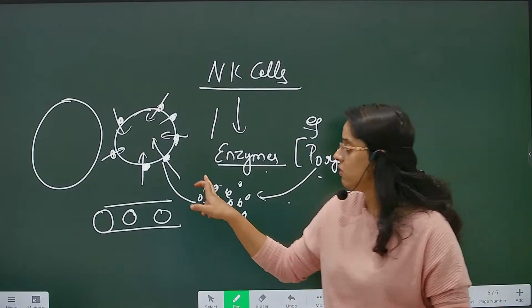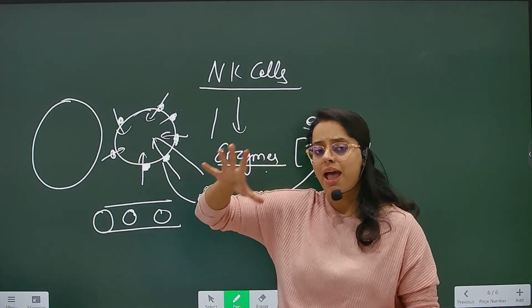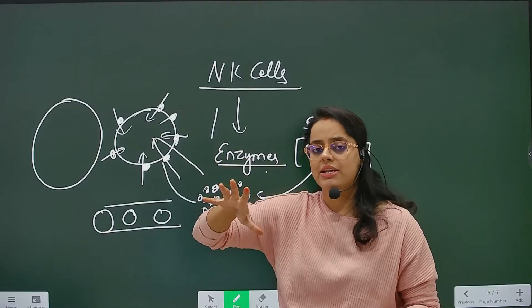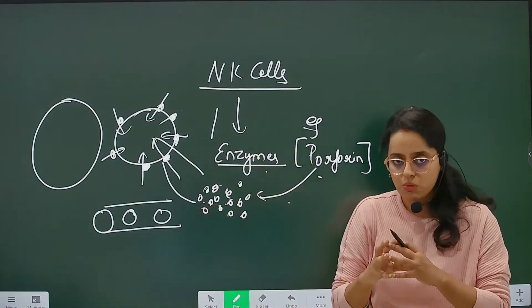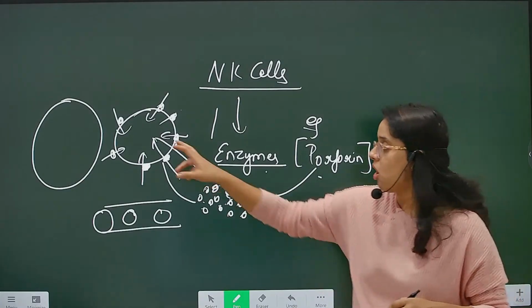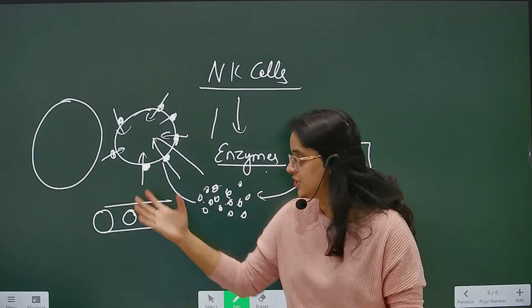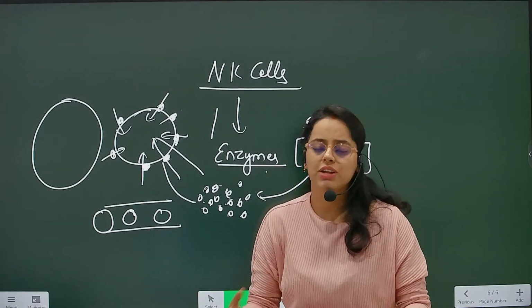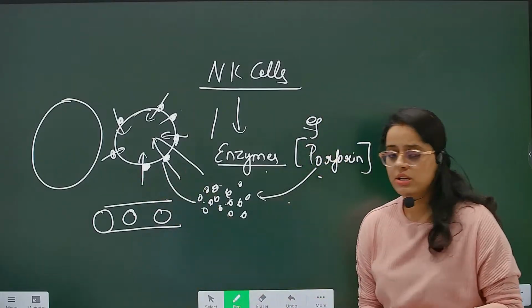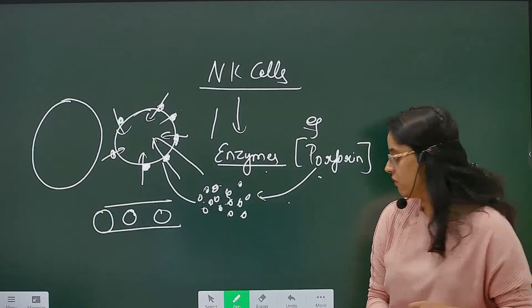As a result, fluid gushes into the cell and the cell expands. When the cell expands, the plasma membrane loses its extensibility. As a result, it bursts, and all the components of the bacterial cell will come outside, like nucleus, nucleolus, mesosomes, all will come outside and it will not be living anymore. So this is how the NK cell performs the function.